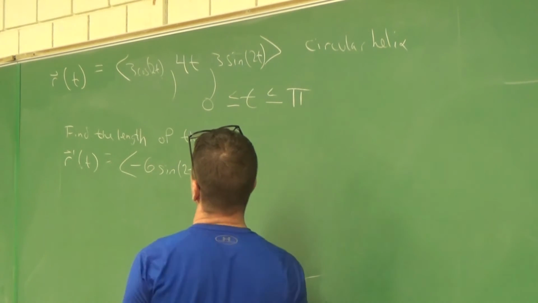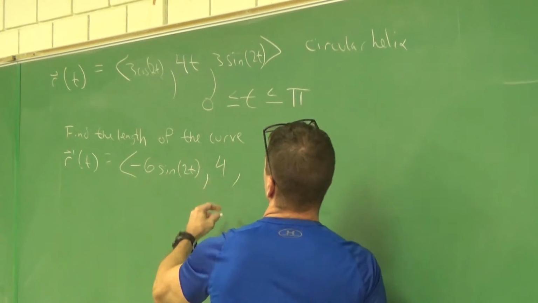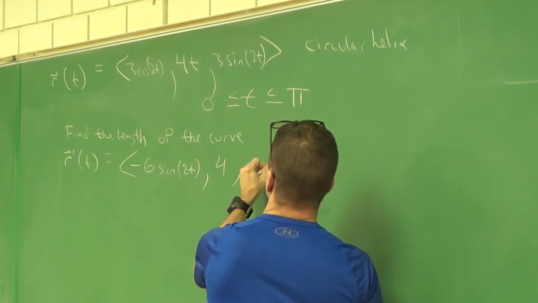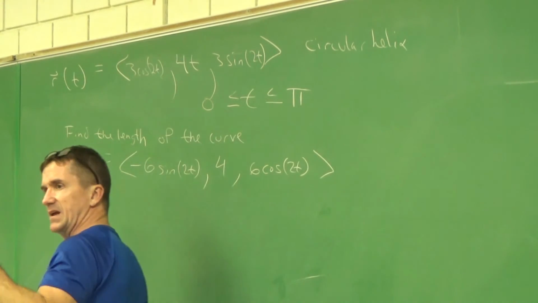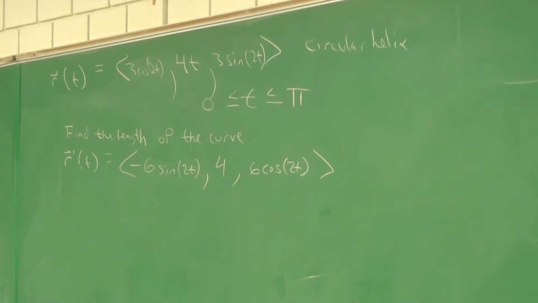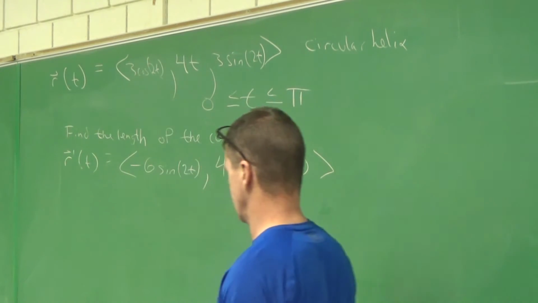Negative 6 sine 2t. Very good. What's there, 4t? 4. Here's 6 cosine 2t. So far so good? But again, watch. You'll be able to simplify this thing. You get the final solution even without it again. But after this problem, let's look at one where we can't simplify it. Let's use the calculator.